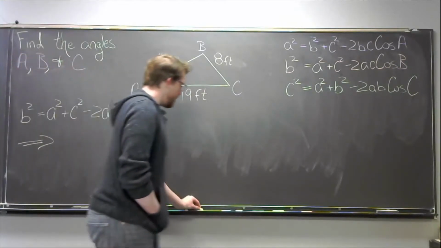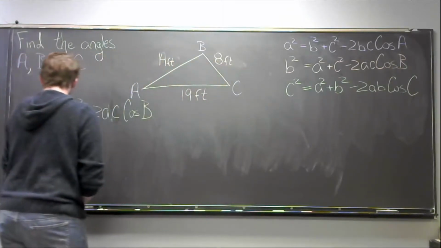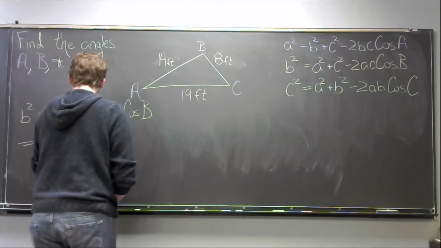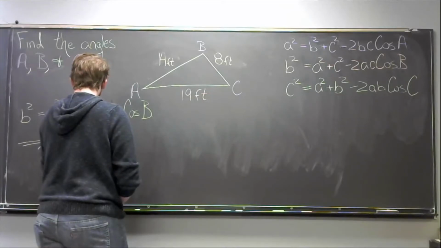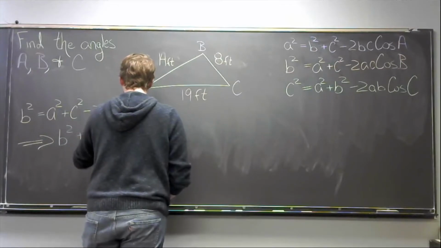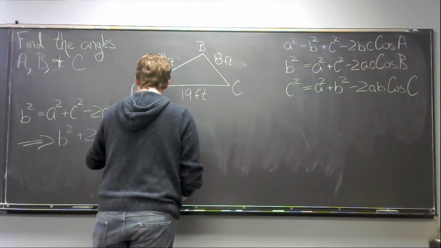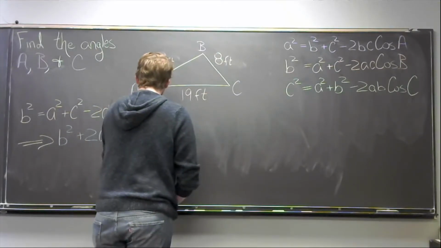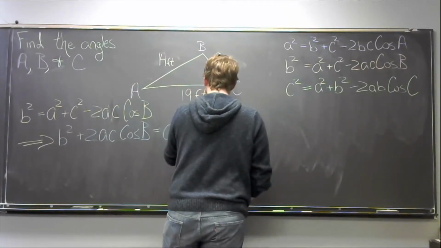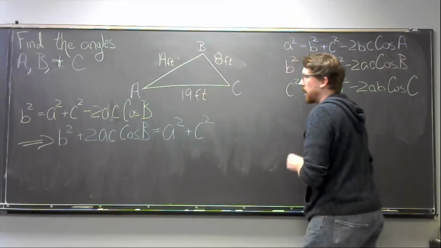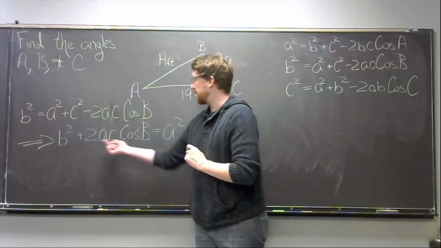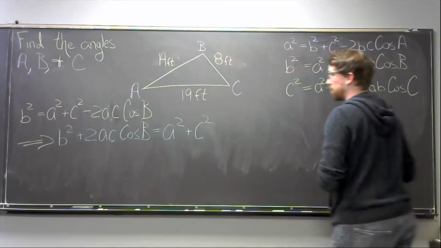Well, that means that b squared plus 2ac times cosine of b is equal to a squared plus c squared. All I did was add 2ac cosine b to both sides. That's it.